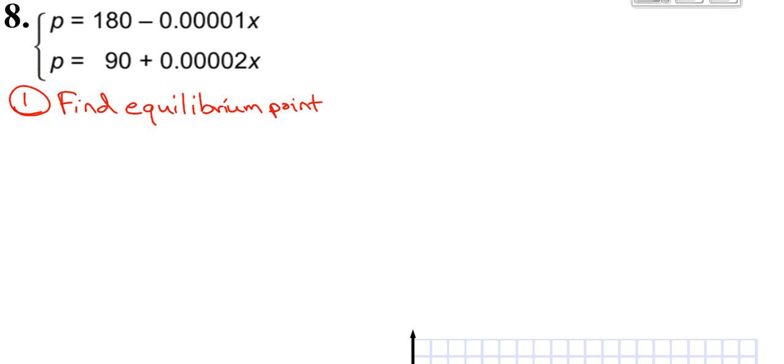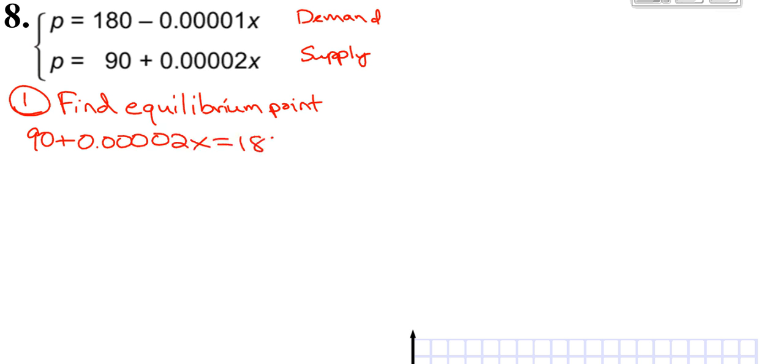We're going to set the demand equation, which is the top one, and the supply equation, which is the bottom one, equal to each other. So we want to know when P, the price per unit, is equal. So we can say 90 plus 0.00002x is equal to 180 minus 0.00001x.